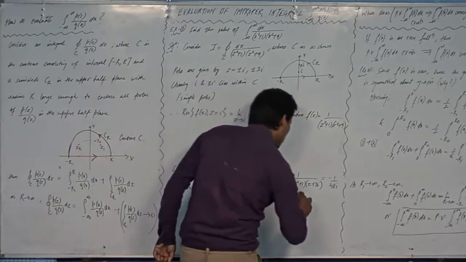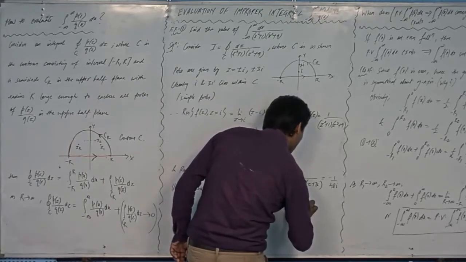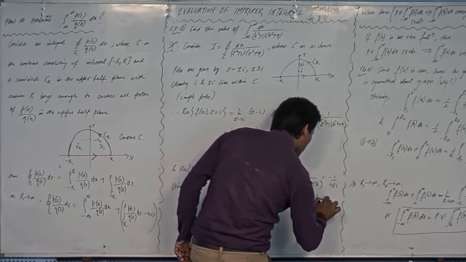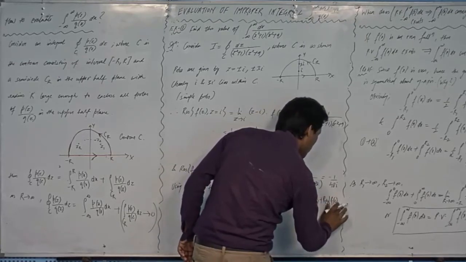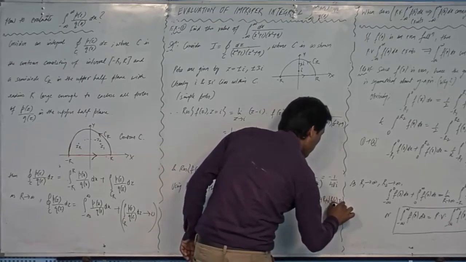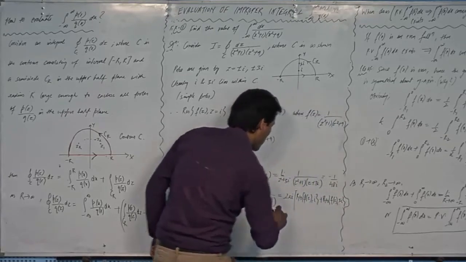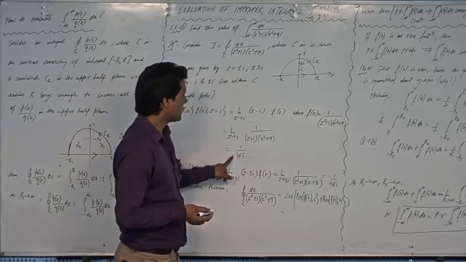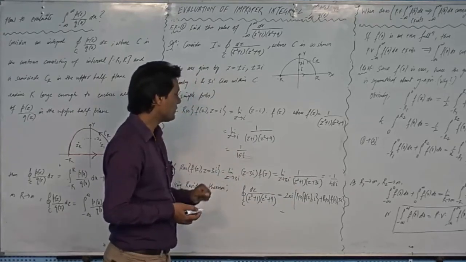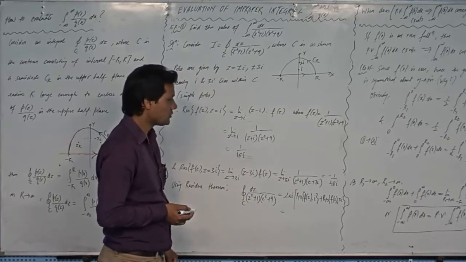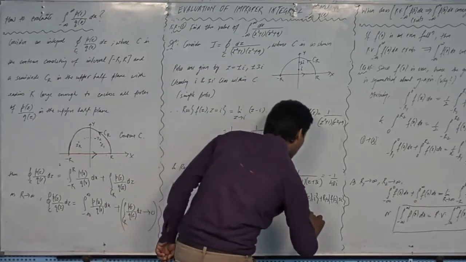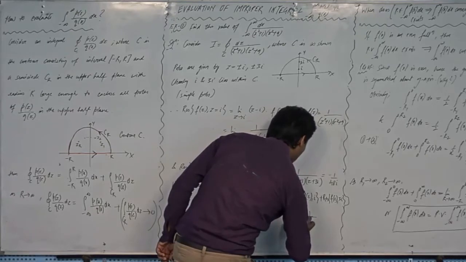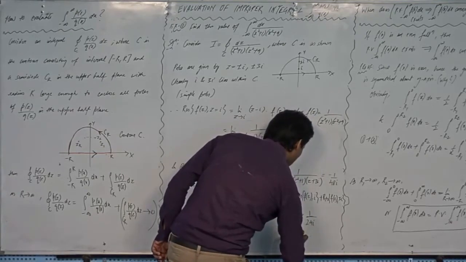And I should write here the residue of f(z) evaluated at iota plus the residue of f(z) evaluated at 3 iota, right? On adding these two residues, I will get, I think, 3 minus 1, 2 by 48, I think 1 by 24 iota, and here I will have 2 pi iota, so I'll get pi by 12.